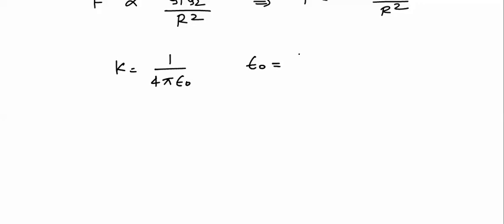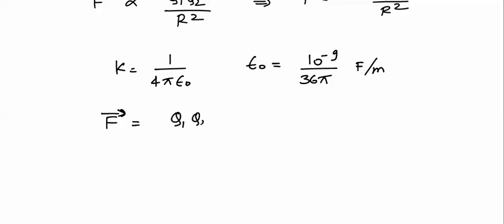Epsilon naught is given by 10 to the power minus 9 divided by 36 pi farad per meter. Therefore we can write F vector equals q1 q2 divided by 4 pi epsilon naught r square into ar vector. This is very important.